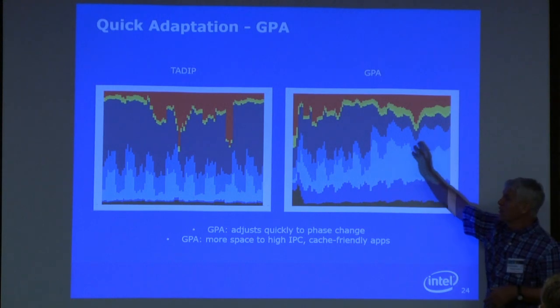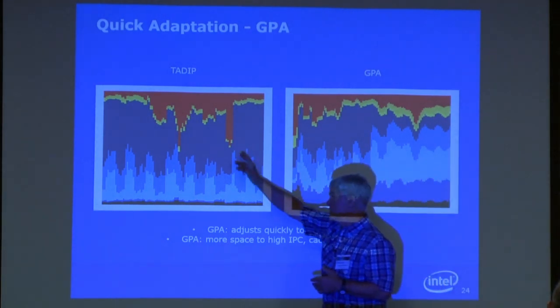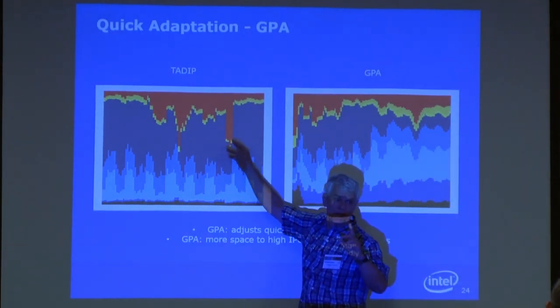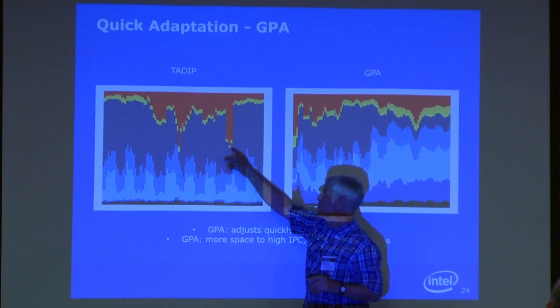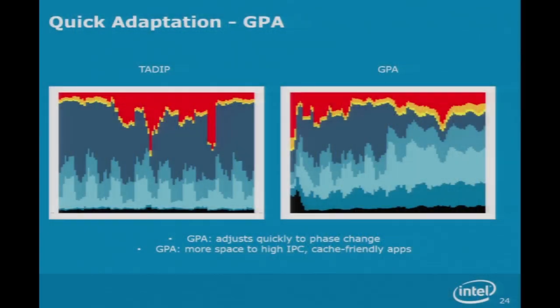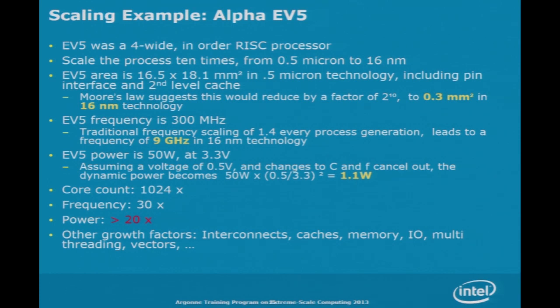But here, with this algorithm, which is pretty good and much better than no algorithm, you get these dips where applications that don't make much progress are just hogging the cache and messing up everybody else. In this case, with the gradient placement algorithm, you adjust much quicker, and it works remarkably well. Actually, that is in some products.